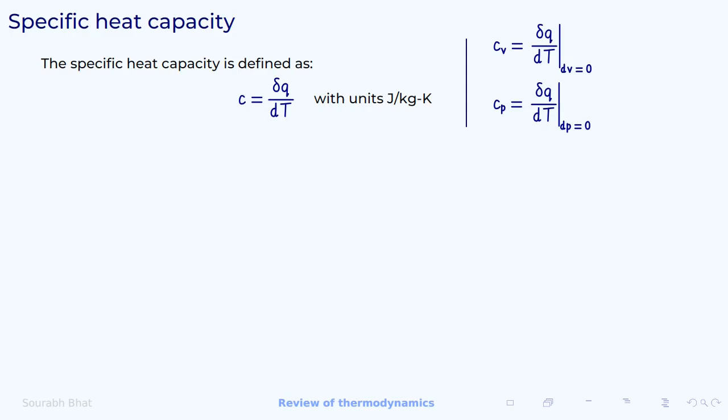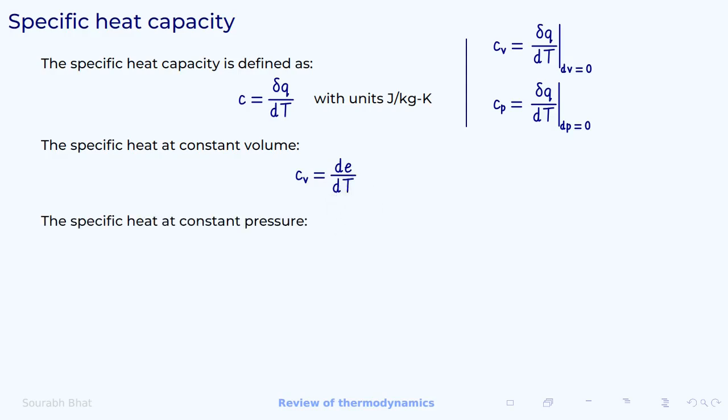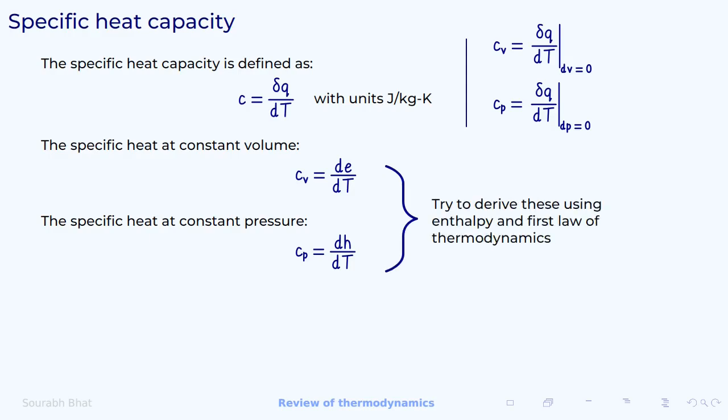From the first law of thermodynamics and definition of enthalpy, we get the specific heat at constant volume as Cv equal to dE by dT and specific heat at constant pressure as Cp is equal to dH by dT. It is easy to derive these relations from first law of thermodynamics and definition of enthalpy. Try it as an exercise.